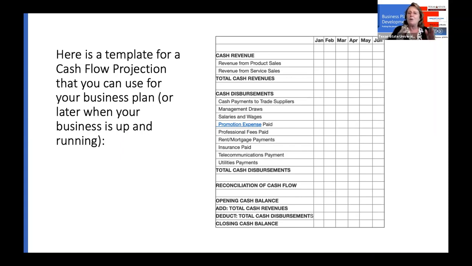The only difference is one is current and one is for the future. The template itself looks the same regardless of whether you're doing a cash flow projection or a cash flow statement. It's just a matter of whether it is current and past cash flow or projection, which would be in the future.